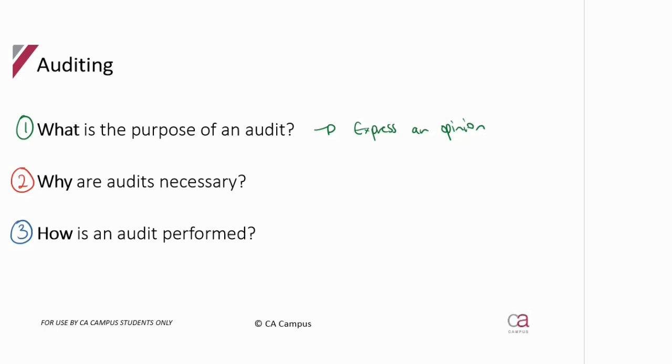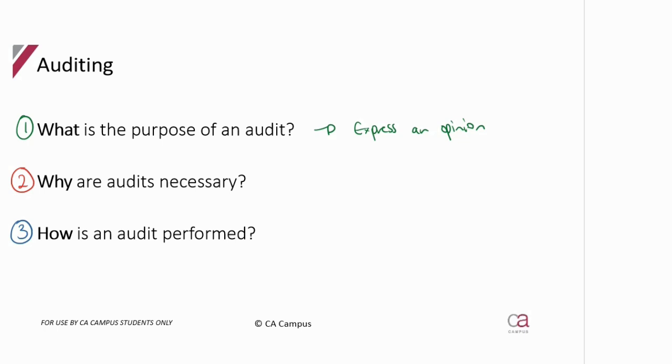But about what? What are we expressing an opinion about? How do we go about expressing an opinion? These are very important principles that you need to consider, because if you can understand what auditing is, then it's going to make learning and answering auditing questions a lot easier. So what is the purpose? It is to express an opinion.